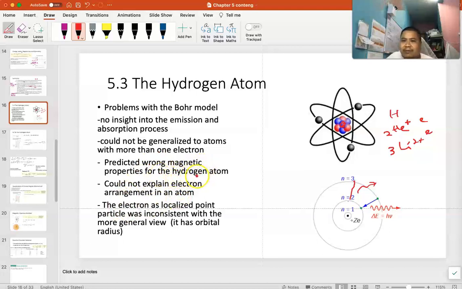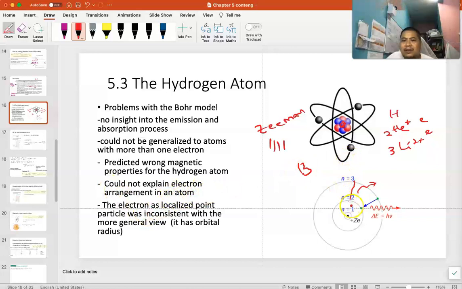We will look at this later, because when the hydrogen atom is put into a magnetic field, it will produce more spectrum lines. The Bohr model cannot predict that, and this is called the Zeeman effect, which we will look into further in a subtopic later.